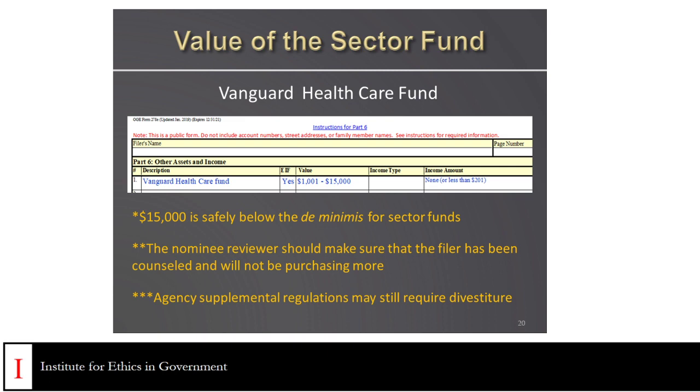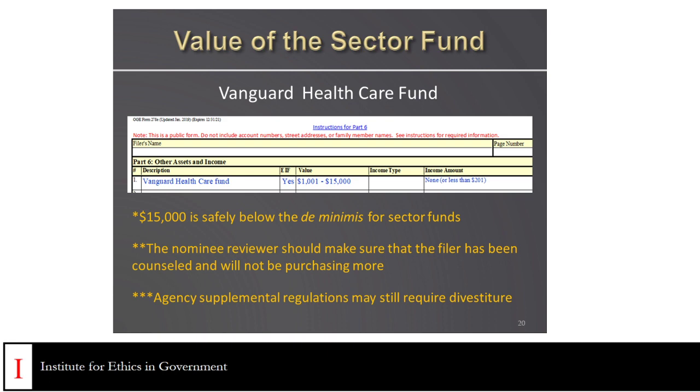If the FDA has supplemental regulations prohibiting the holding of healthcare sector funds, then the employee would be required to divest the healthcare fund because the FDA's supplemental regulations override OGE's exemptions. But let us put that aside for a second and just examine how we would address this fund if there were no supplemental regulations. The fund value is $14,000, so well below the exemption's $50,000 de minimis amount.